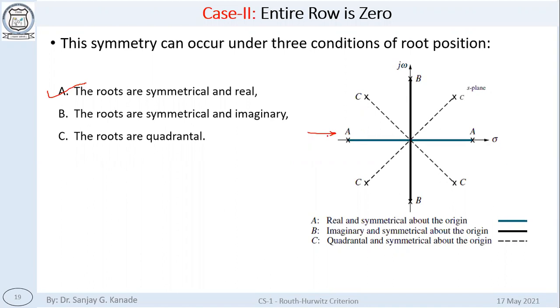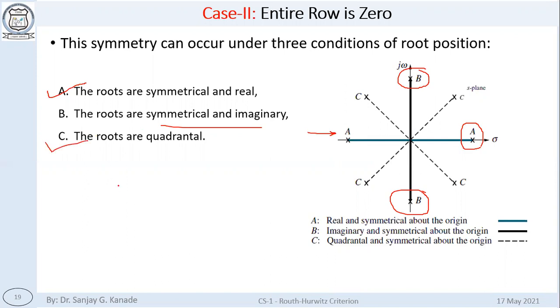So if the case is A, the roots are symmetrical and real, so they can be on the real axis. But is this the case in our example now? No, because for this to be true, A would have been required to be in the right hand side, which is not the case. Second possibility is the roots are symmetrical and imaginary. Means like this, B, they are symmetrical about the origin, and they are imaginary.